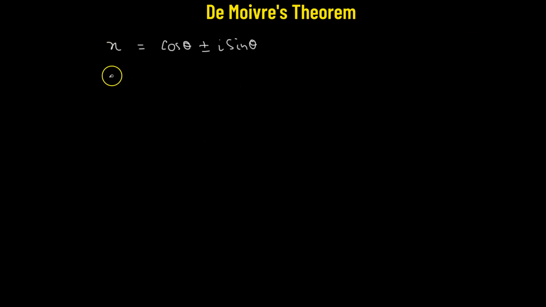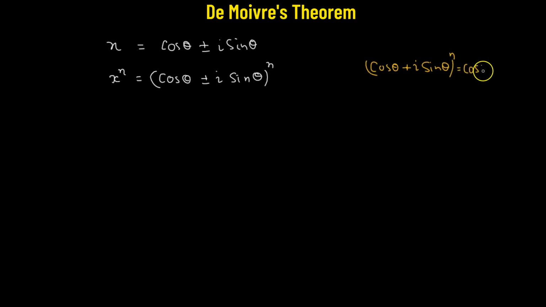Now what we'll do, we'll raise both sides to the power of n. So we have cosine of theta plus or minus iota times sine of theta whole raised to the power of n. Now here we can apply de Moivre's theorem, which states that whenever we have cosine of theta plus iota times sine of theta whole raised to the power of n, that's equivalent to cosine of n theta plus iota times sine of n theta.